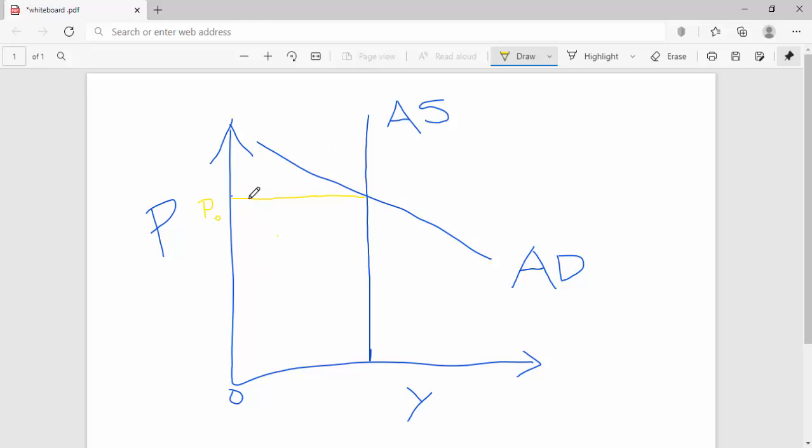Because the economy is operating at full employment, the aggregate supply is vertical. The only way this aggregate supply curve will shift to the right is if there is introduction of new technology.